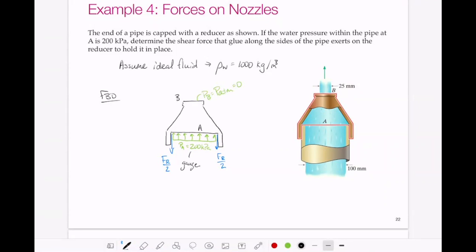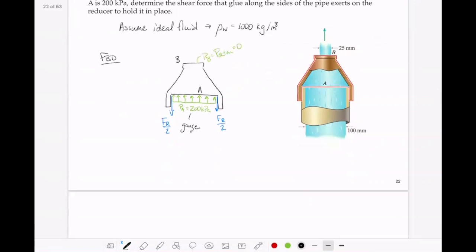Now let's use our continuity equation to figure out what are the forces acting on our control volume just due to the fluid flow. So if we write continuity, we need continuity to determine the volume flow rate out of the pipe.